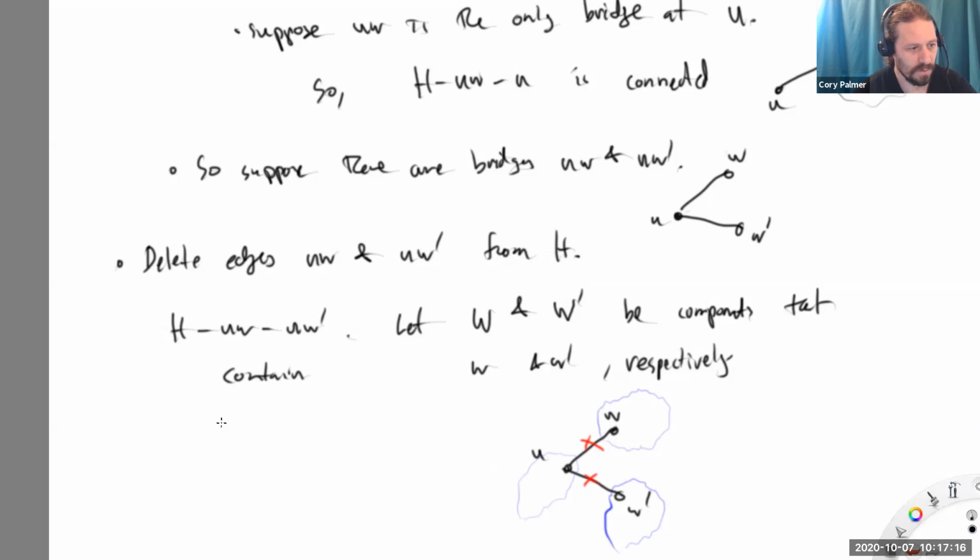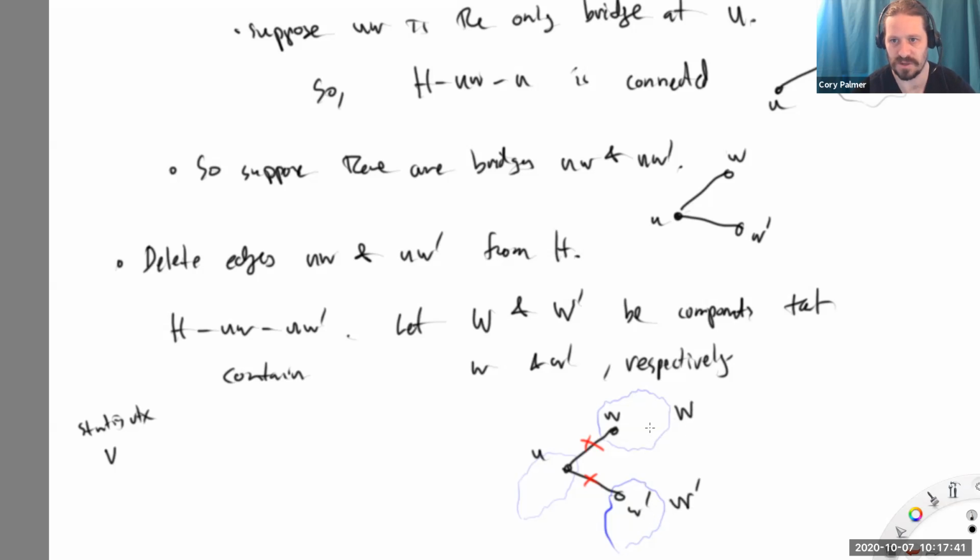All right, so now, what do we know here? V was my starting vertex. I have no idea where it is in this picture. I haven't labeled it. But one thing it's not in is big W and W prime simultaneously.